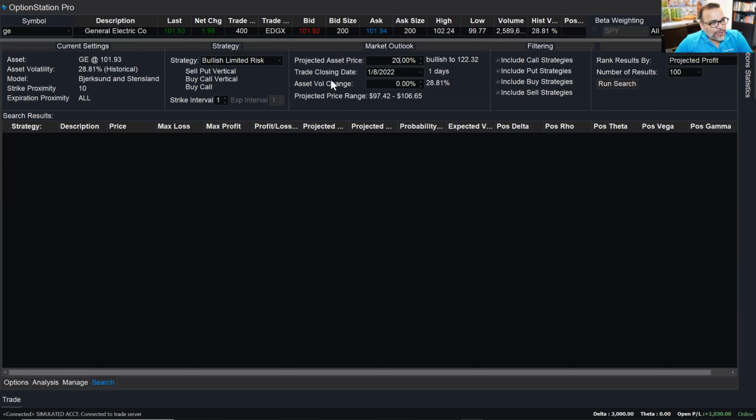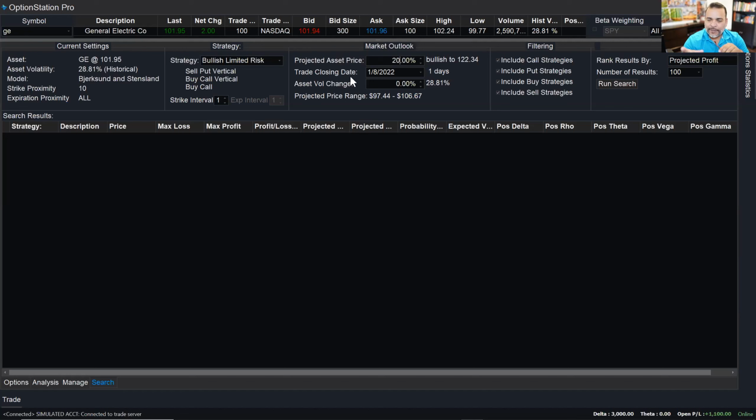Then we come to the trade closing date, because you do have to tell the search when you are expecting to close the trade, because depending on the closing of the trade, it has a little bit of flexibility on choosing different options with different time spans.